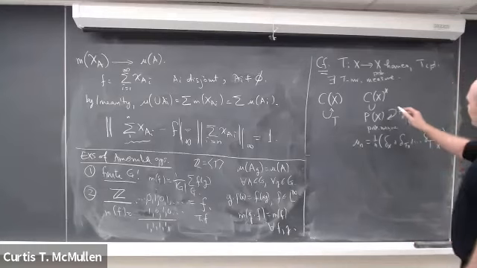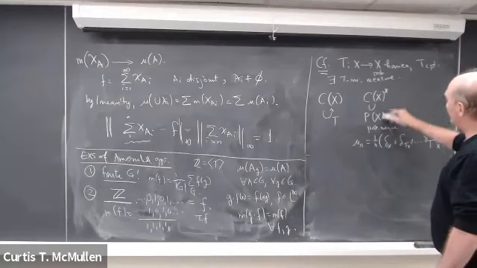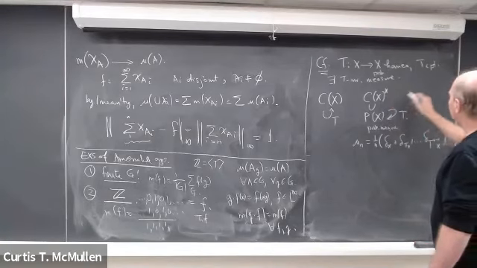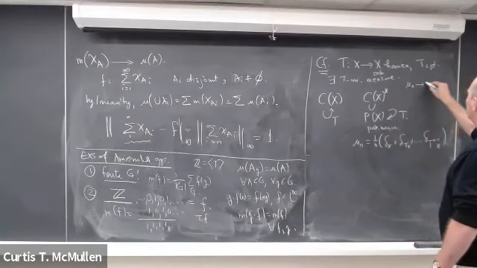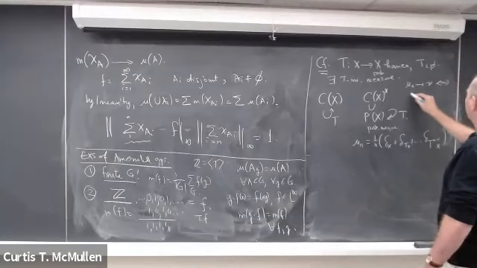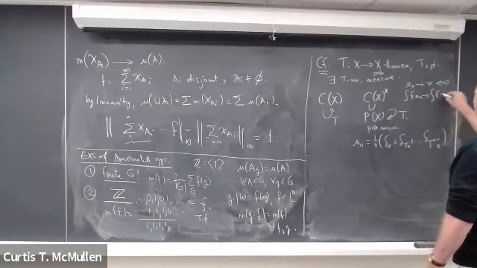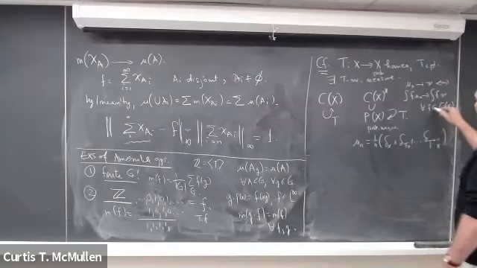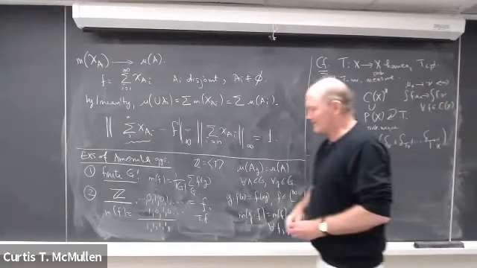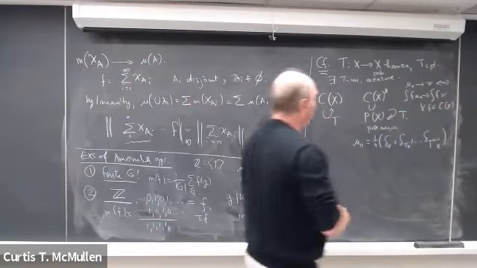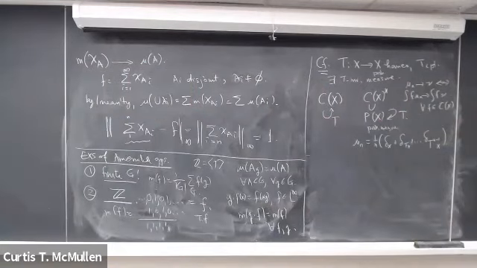But there's a basic theorem that says that in the weak star topology on C of X, that is, in the topology where mu n tends to mu if and only if the integral of f d mu n tends to the integral of f d mu for all f in C of X, in the weak star topology, the space of probability measures is compact. And the proof of that theorem depends on the axiom of choice.